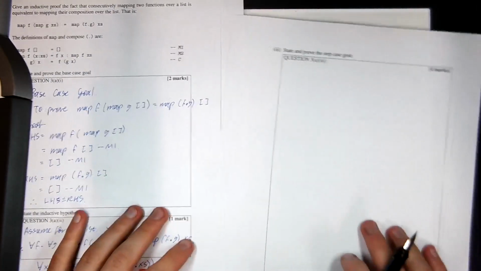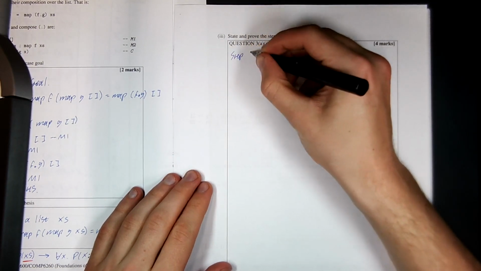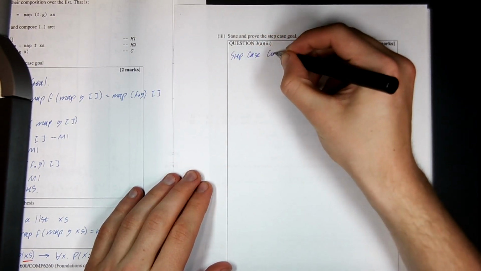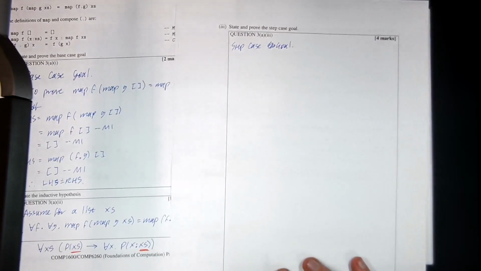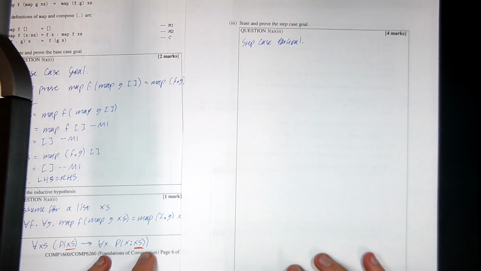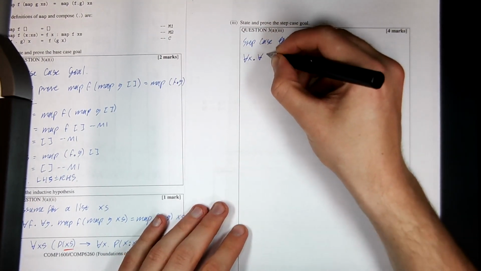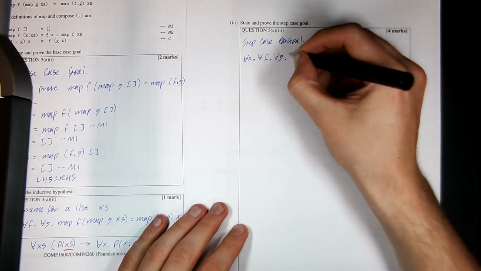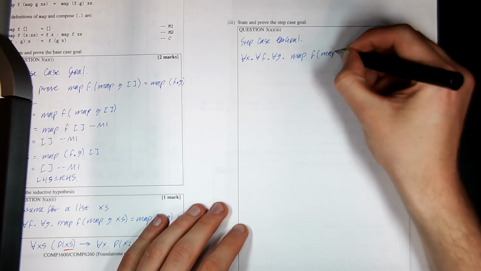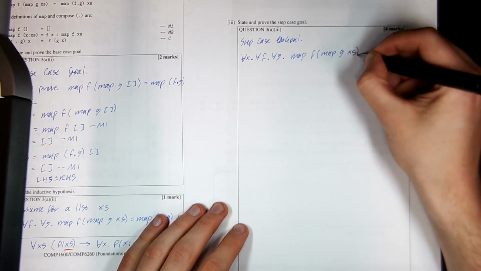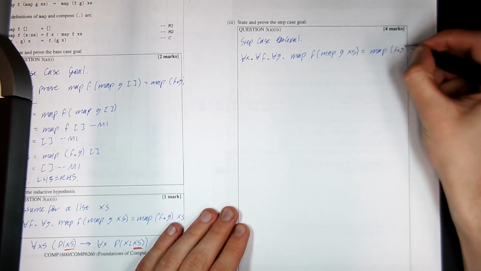Here we go. State and prove the step case goal. Okay, so step case goal. We want to prove this property here. So we want to prove for all new elements x, for all f, for all g, map f (map g (x cons xs)) equals map (f compose g) (x cons xs).